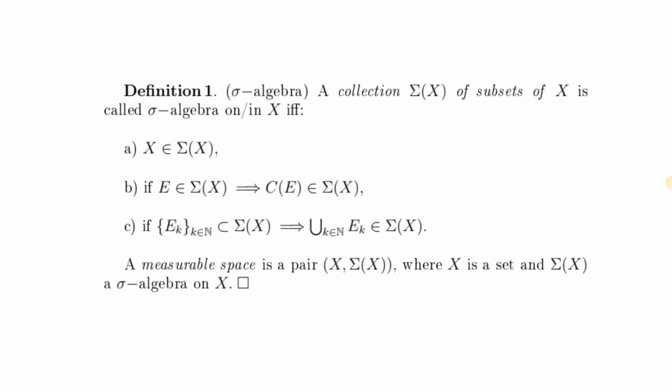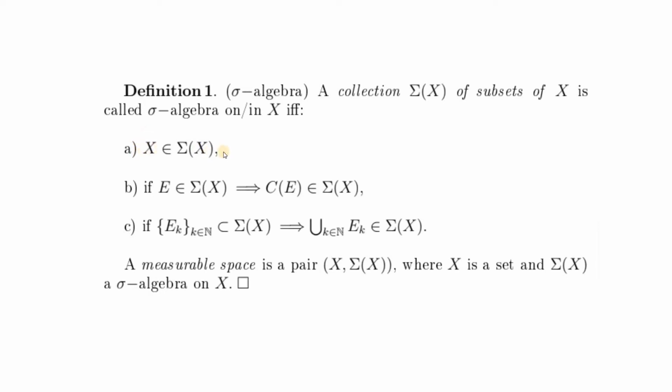So the first thing we need to define is that of a sigma algebra. Now consider a set X and a collection of subsets, which will be called here sigma X, and it is called a sigma algebra in X if the following properties are satisfied.